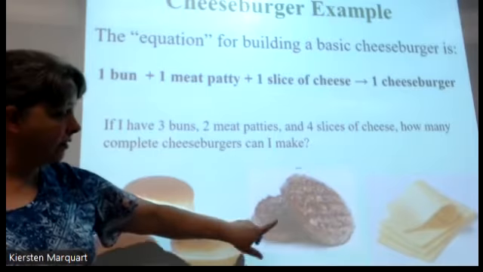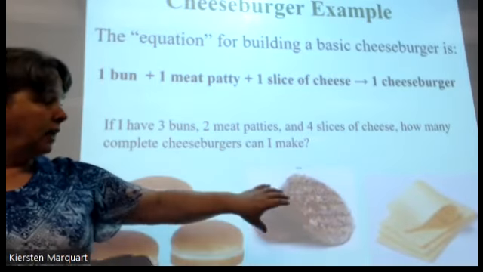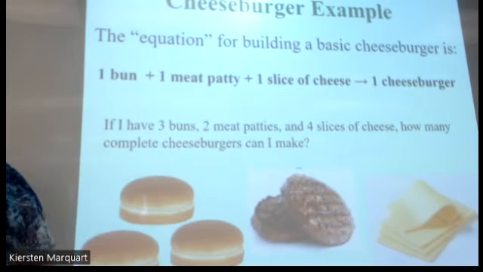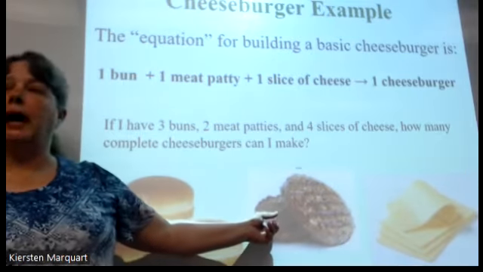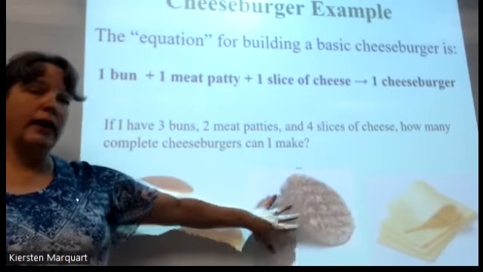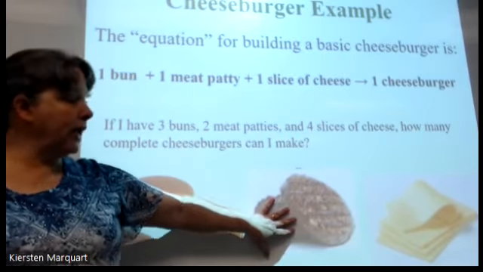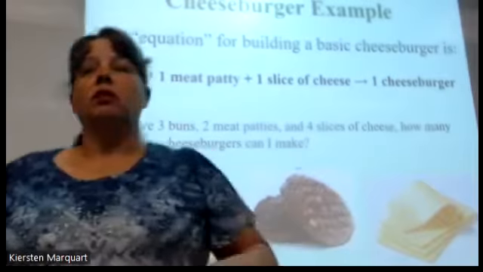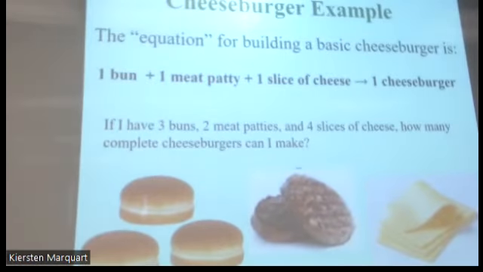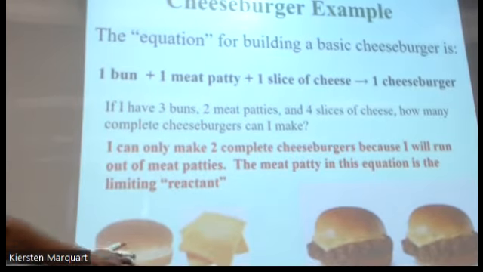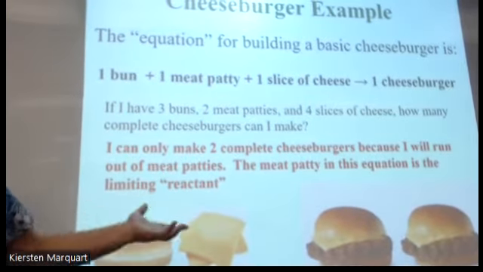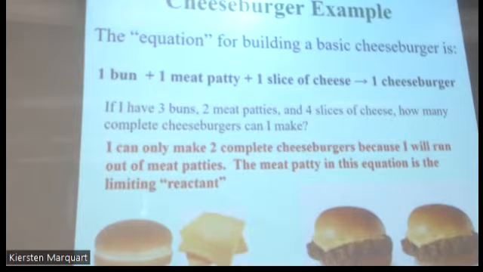So in this case, this reactant limits the total production of burgers. We would call this the limiting reactant because this reactant, this part going in, limits the total product. So you would have that, and then we would have some things left over that wouldn't get used.